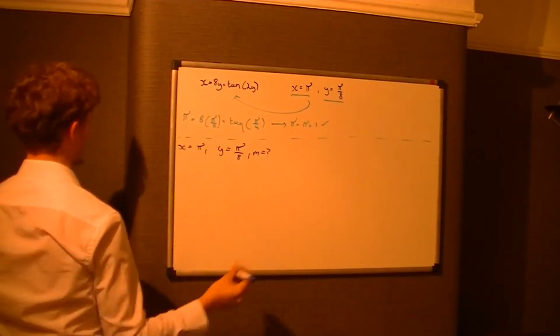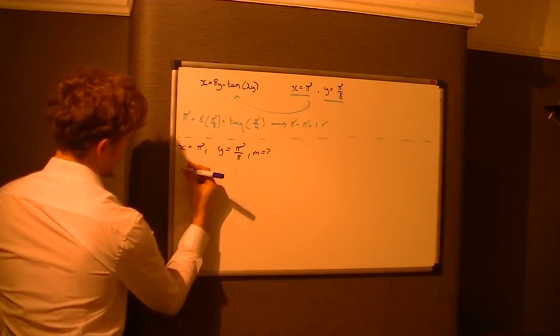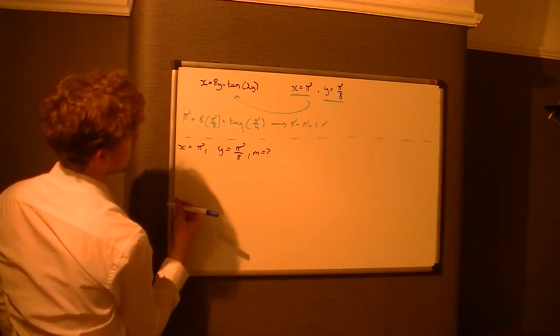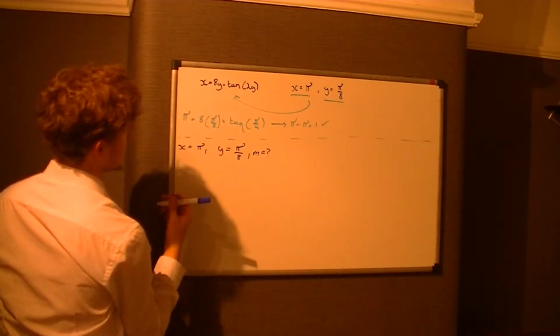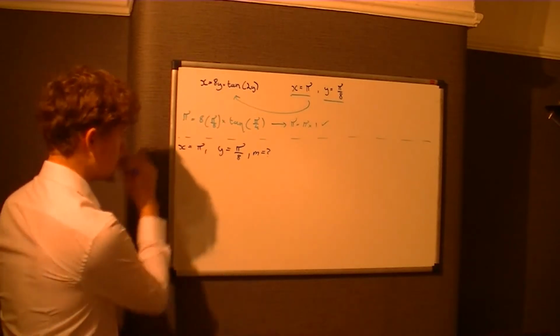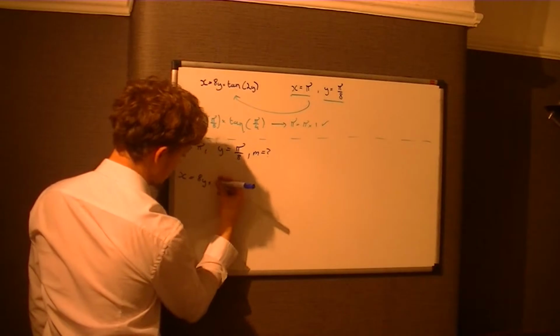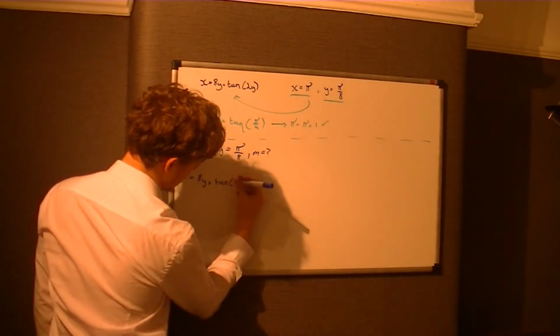Now we find m by doing the derivative, the gradient function, dy by dx. So we are told that x is equal to 8y times the tan of 2y.